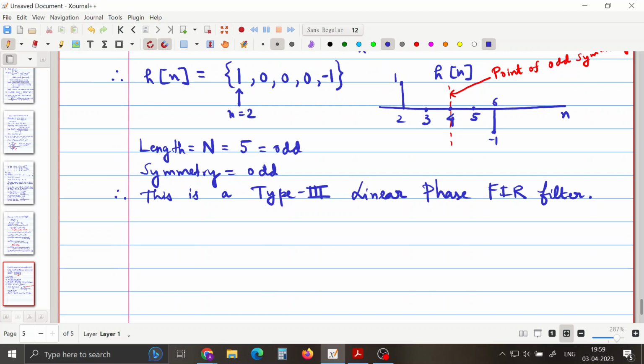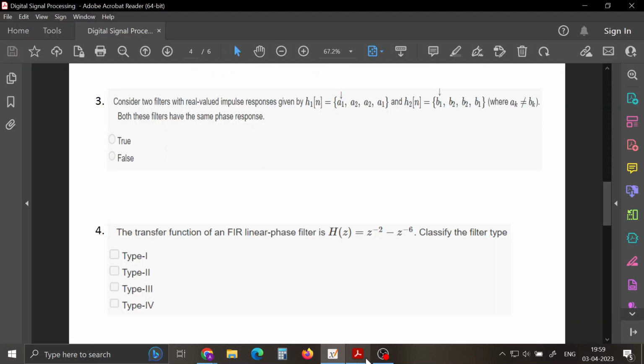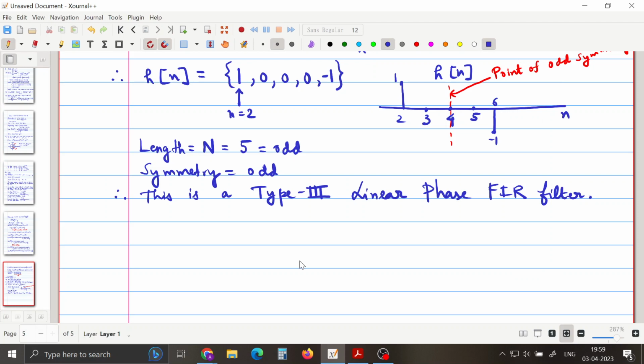So it's type 3. That's the answer. Out of these given options, type 3 is the answer, the third option.